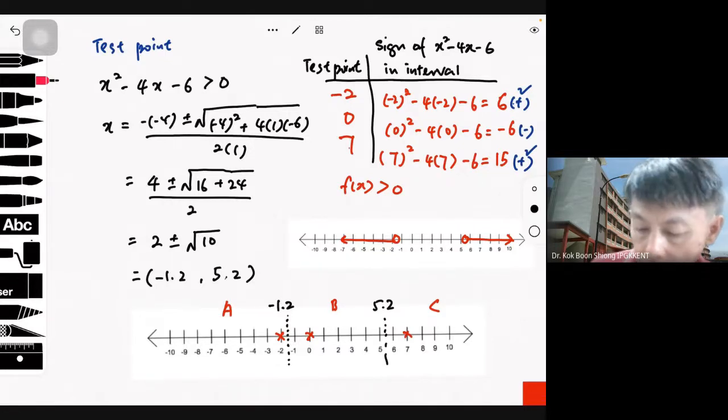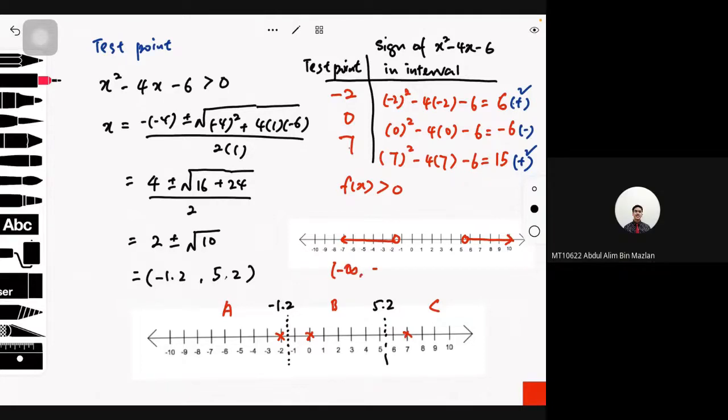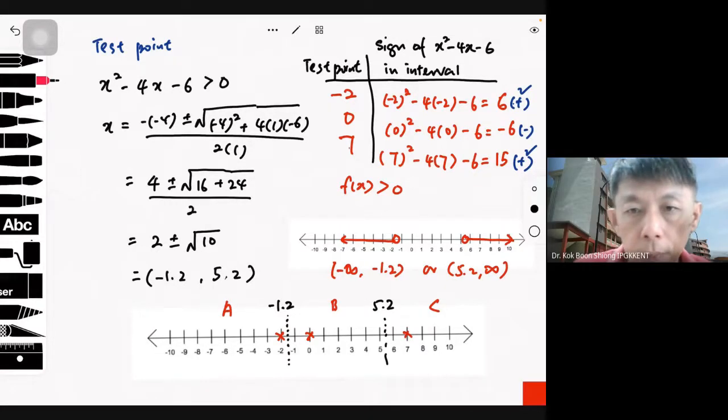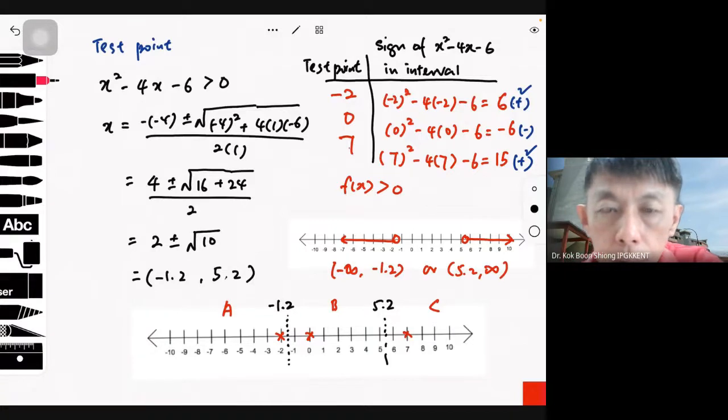So this is the final answer. So this is the method by using test point.